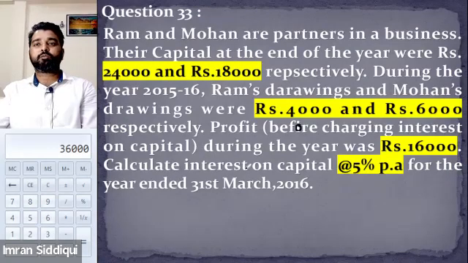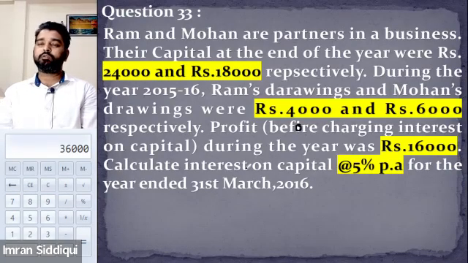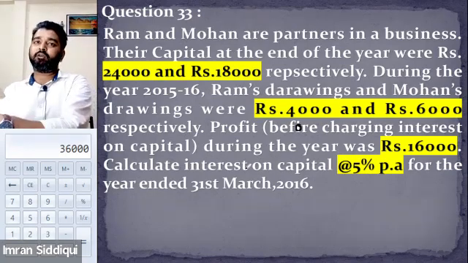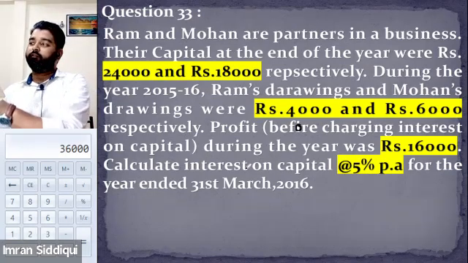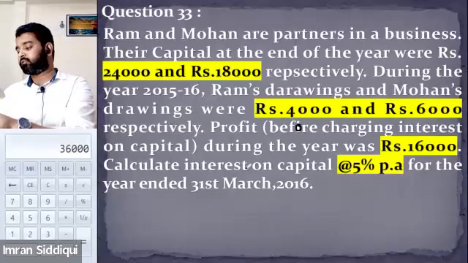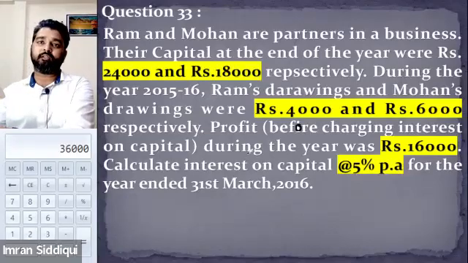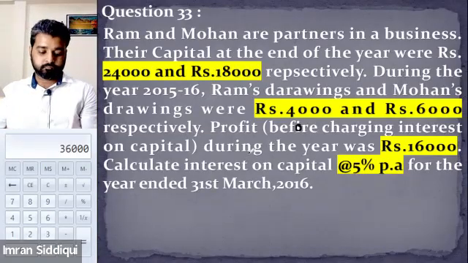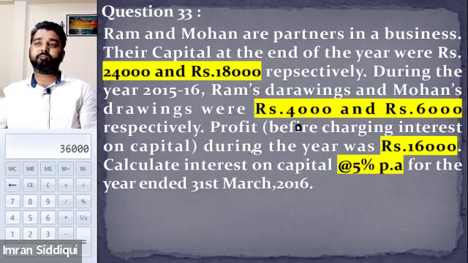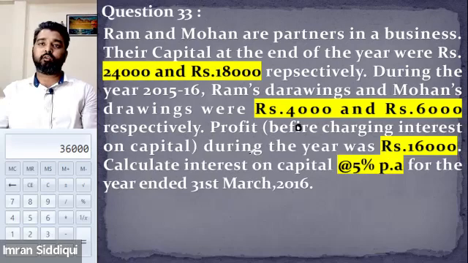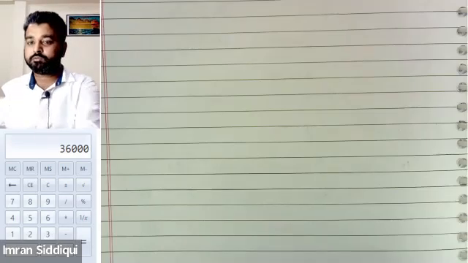But the problem in this question is that it gives us the closing capital balance. So what do we need to do? We will have to find out the opening balances of the partners. Only then we will be able to find out the interest on capital. Tell me, this is clear to all of you? Yes, sir. Okay, so let's start.